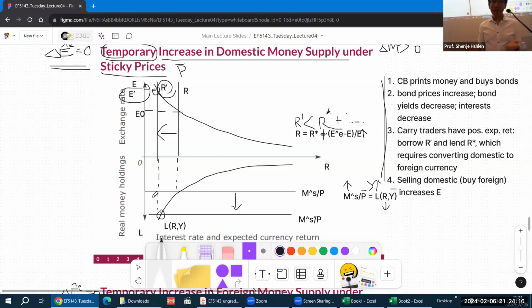In order to take advantage of that, they have to convert, in this case, domestic to foreign. And that conversion will weaken the current domestic currency. Done. Okay, that's the logic of monetary policy on domestic.